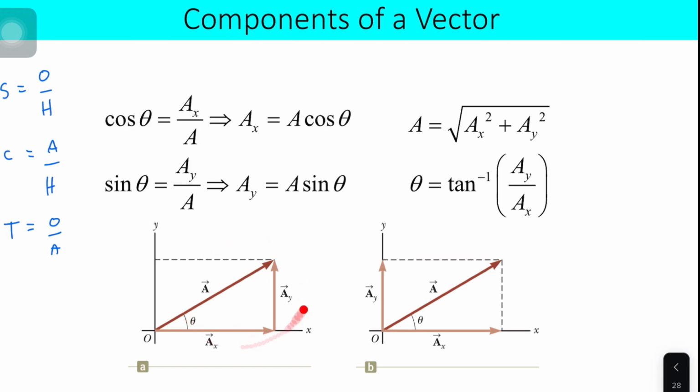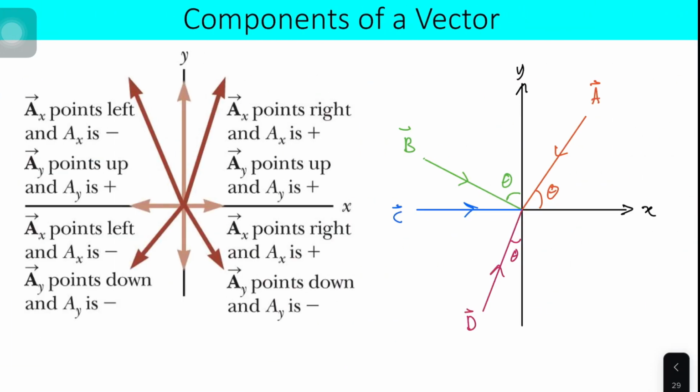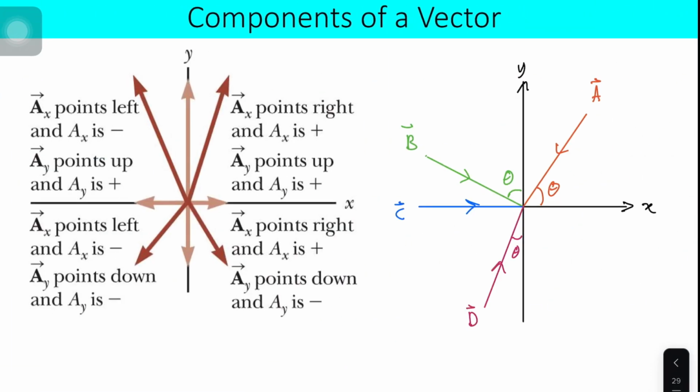So we also can visualize this diagram as this diagram. It's the same. Remember, a vector can be rearranged or shifted as long as we maintain the direction and the magnitude. So if we want to shift AX here, it also can be done. Now let's take a look at the components of a vector.